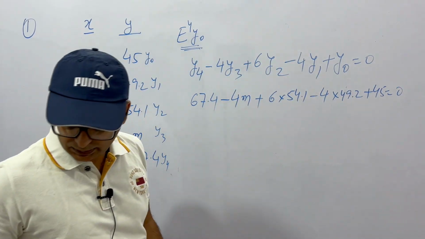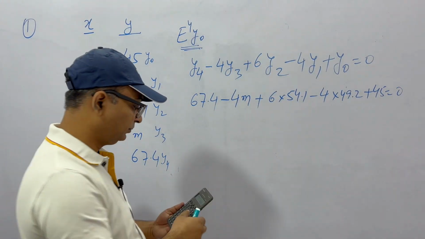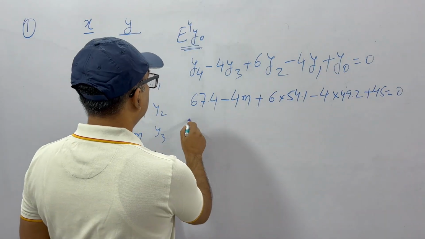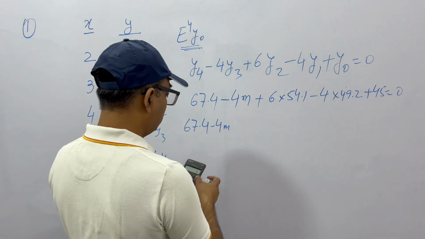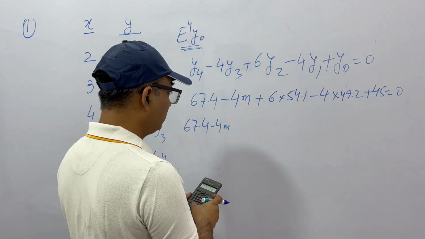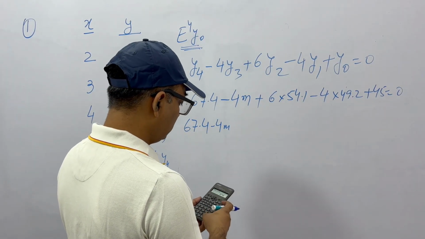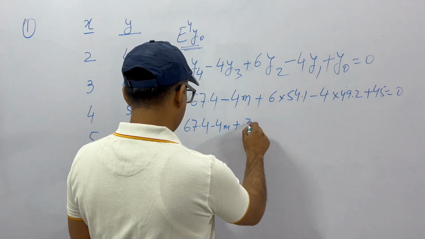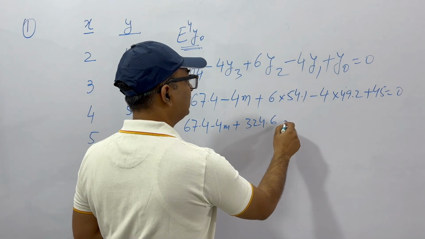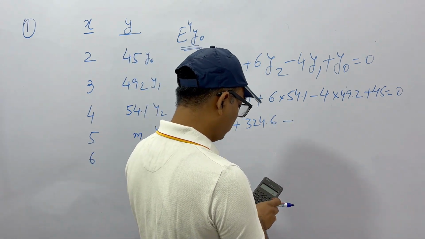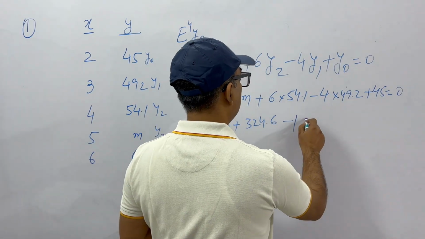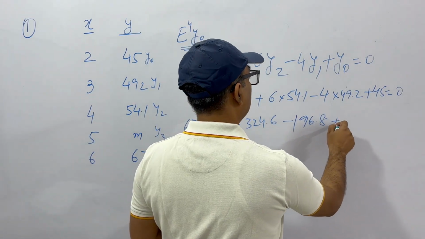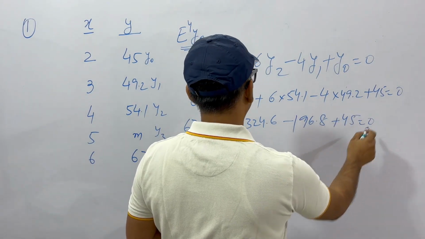So let's calculate this. This comes to 67.4 minus 4m. 54.1 into 6 is 324.6. Then 49.2 into 4 comes to 196.8, plus 45 equal to 0.